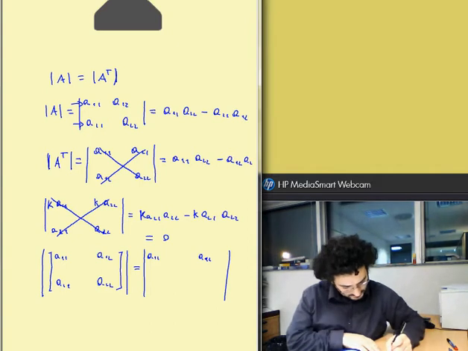So the second row is A21 plus a scalar K A11 and A22 plus a scalar K A12.